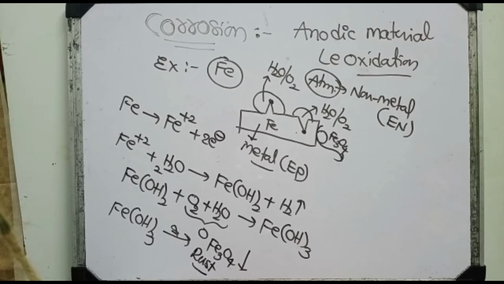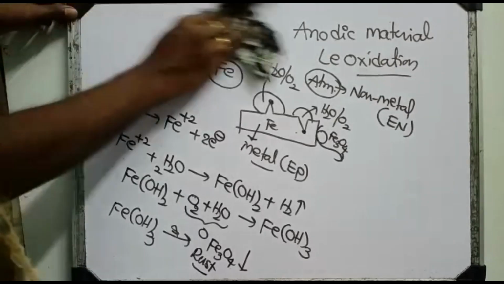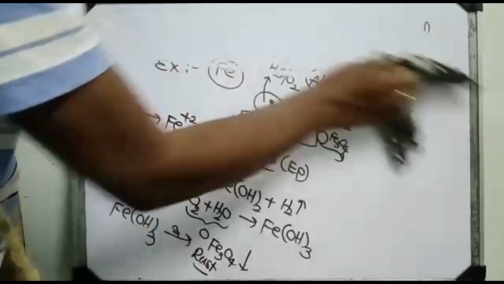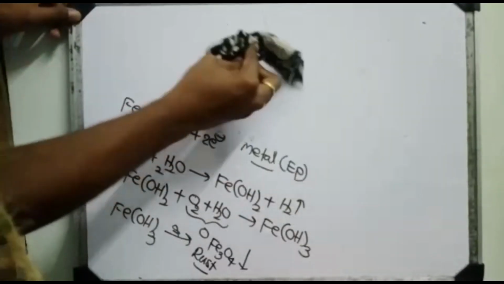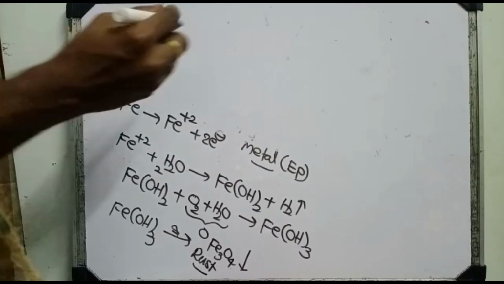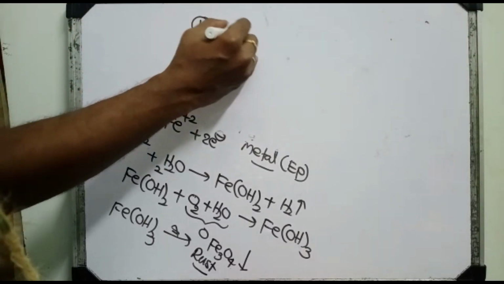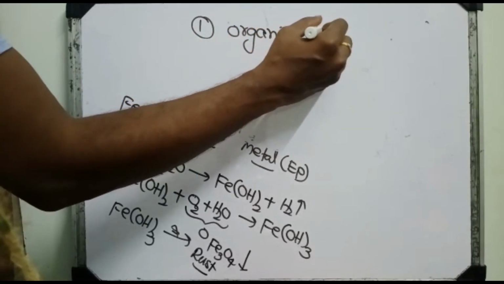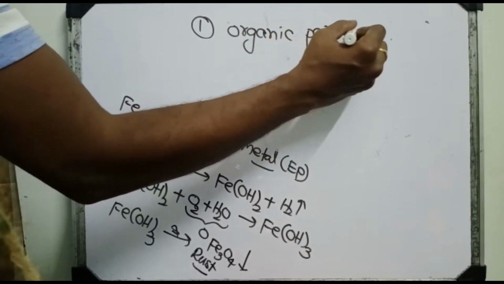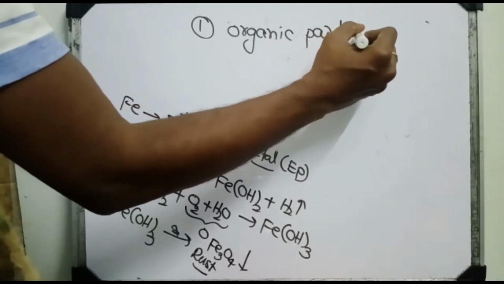Next, how to control the corrosion? One, you put organic paints. Organic paints are used on the surface of metal.